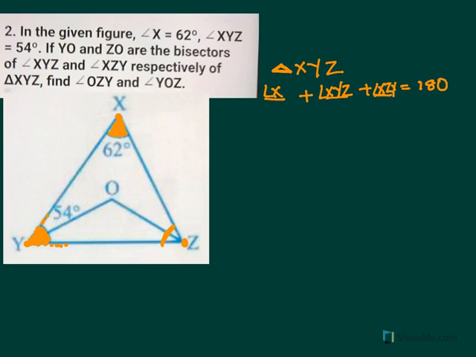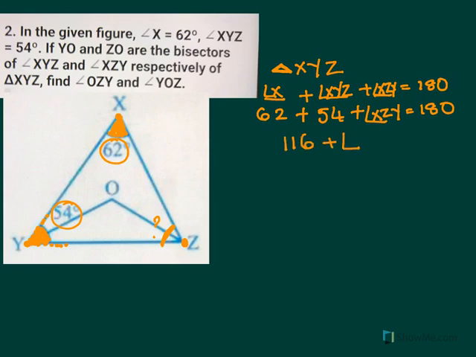Now we put the values. Angle X is given here as 62. Angle XYZ here is given as 54. And this angle we do not know. So this is our question. So XYZ add up to 180. Here when we add up, 116 plus angle XZY equals 180.